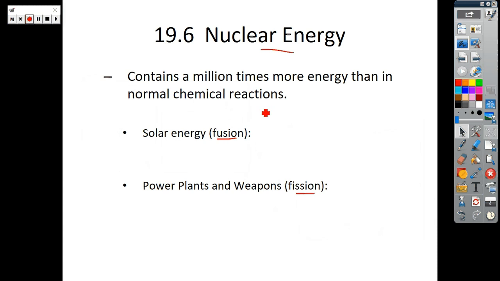Now fusion is basically defined as combining small nuclei to produce larger nuclei, and it also releases a bunch of energy.